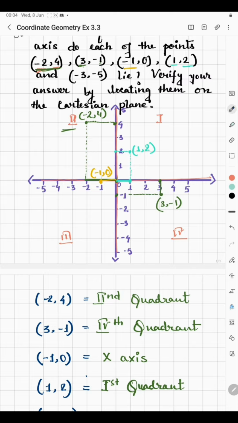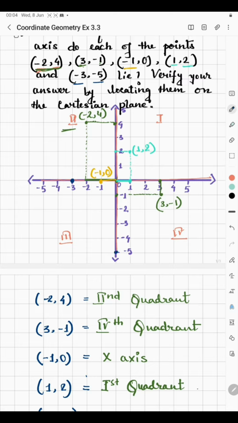Now next we have (-3, -5). Both are negative. At first we will move to the x-axis, and since the value of x is -3, we'll go towards the left of the origin. So here is -3. And the value of y is -5, so we'll go down from the origin.